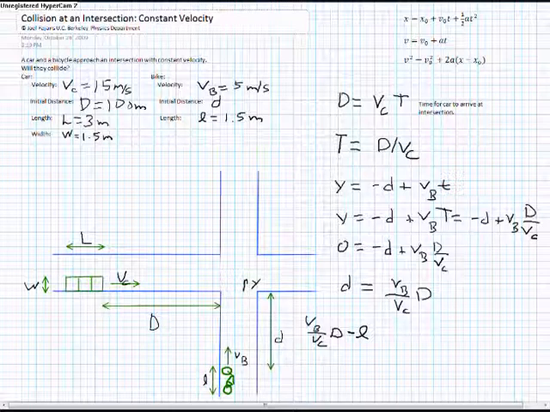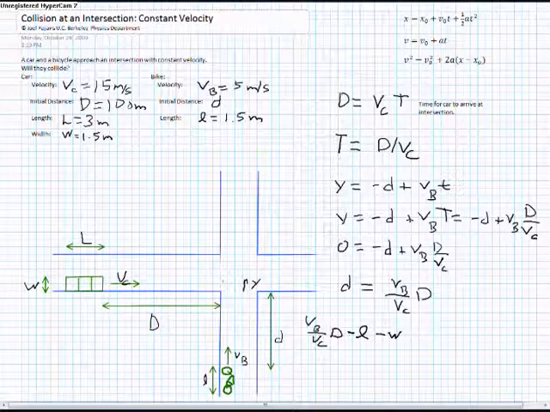Well, that's still no good, because the bicyclist is still going to be hit. What we actually need is for the rear wheel of the bicycle to clear the car, to be a distance w away from the curb. So if the bicyclist starts out an additional distance closer to the intersection, if we subtract off w from the distance that we calculated before, then we know that the rear wheel of the bicycle is going to clear the left front bumper of the car.